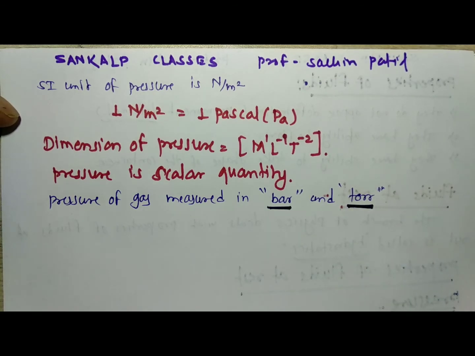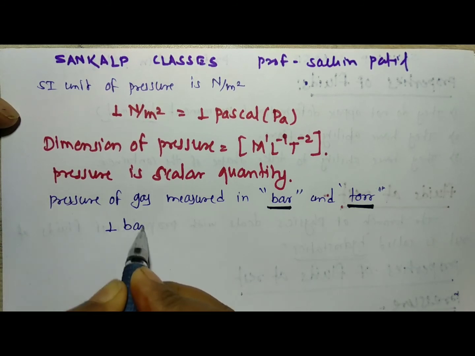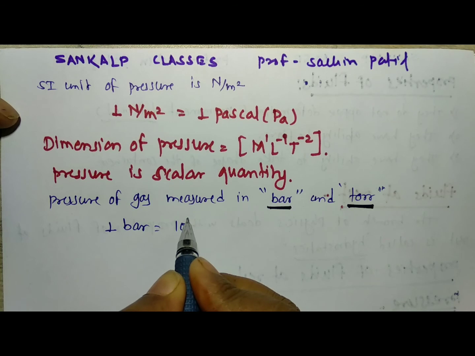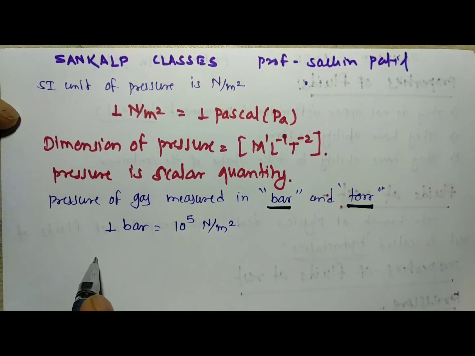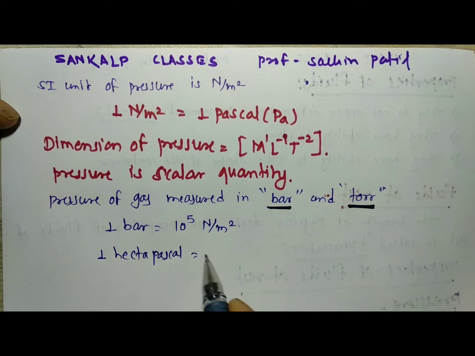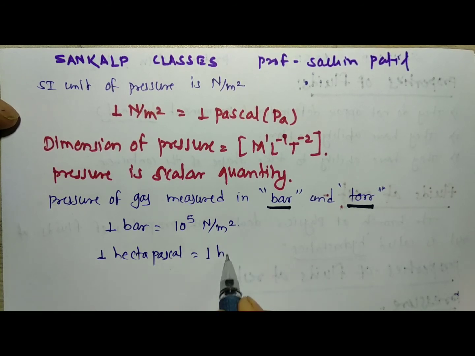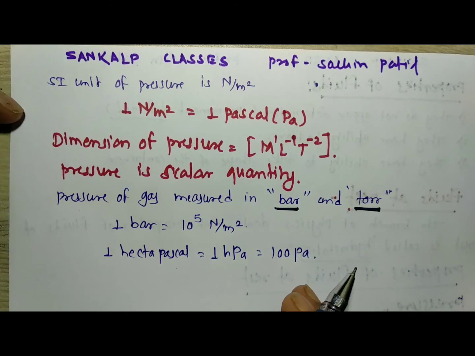And 1 bar is equal to 10 raised to 5 Newton per meter square. As well, 1 hectopascal, that is 1 hPa, is equal to 100 Pascal. Those are the different units related to pressure.